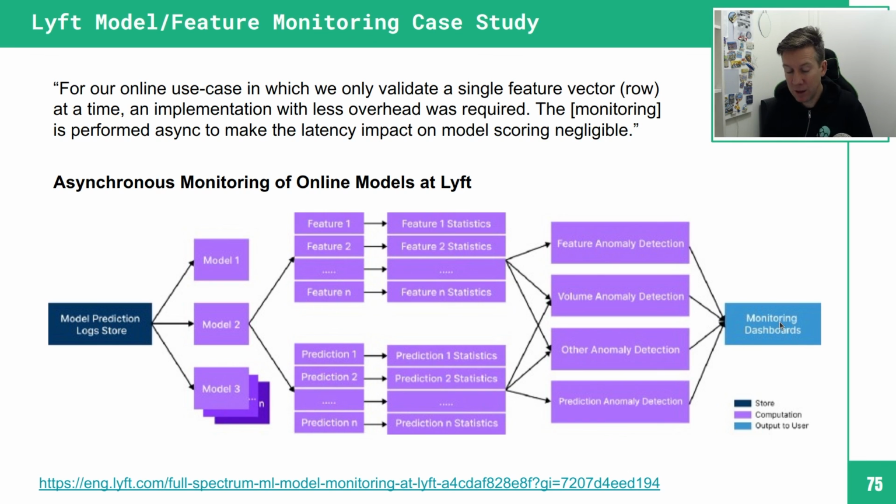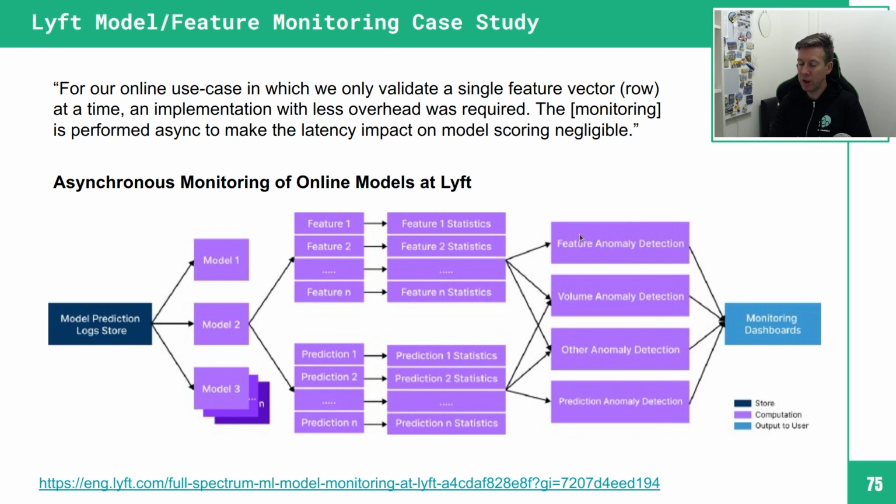And here's how you can do it, for example. You can take the predictions made by your model in the model predictions log store. This could be, for example, a feature group in Hopsworks. In it, you have the input features and the statistics of the features. We're running over the model prediction logs for each individual model, computing the statistics over all the features, and looking for anomalies in features.